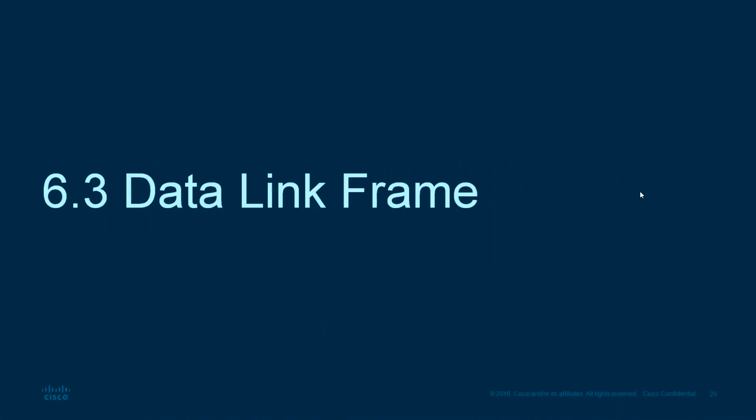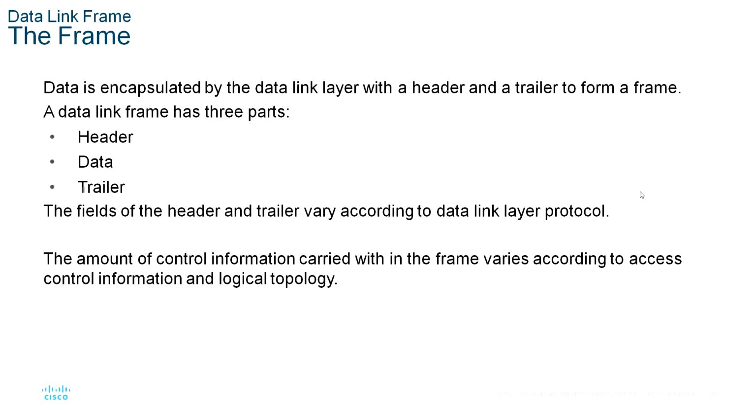The next one, data link frame. This topic discusses in detail what happens to the data link frame as it moves through a network. The information appended to a frame is determined by the protocol being used.